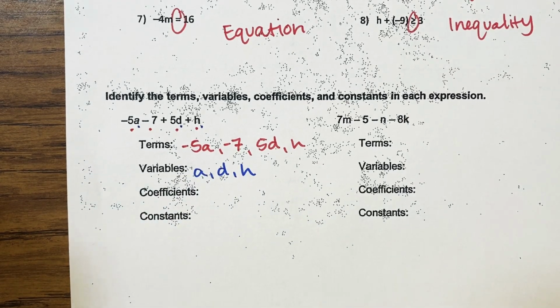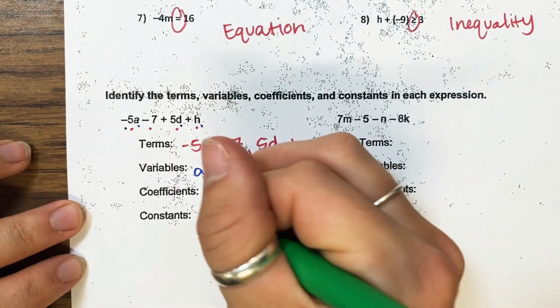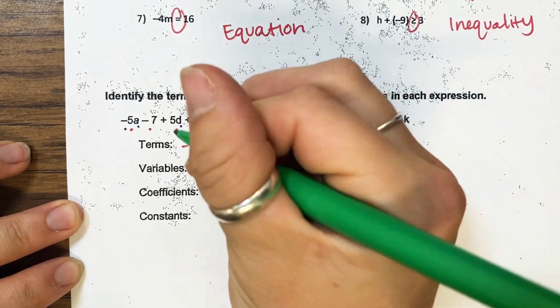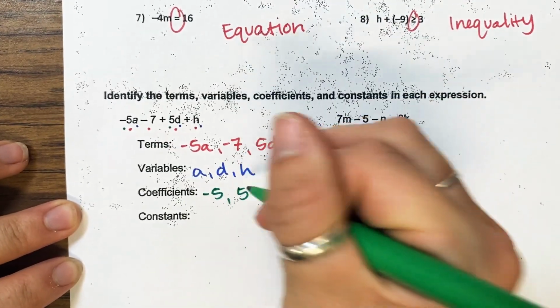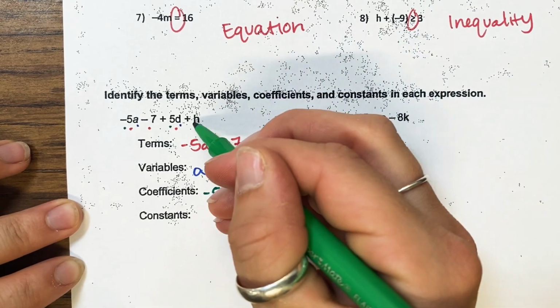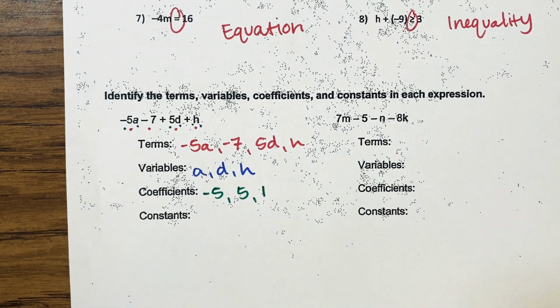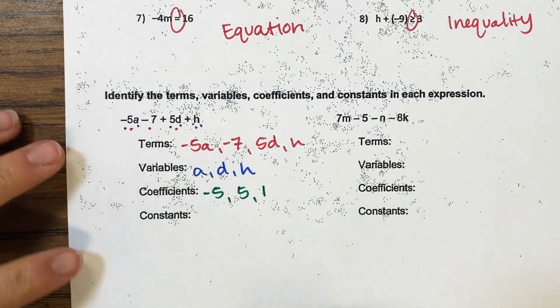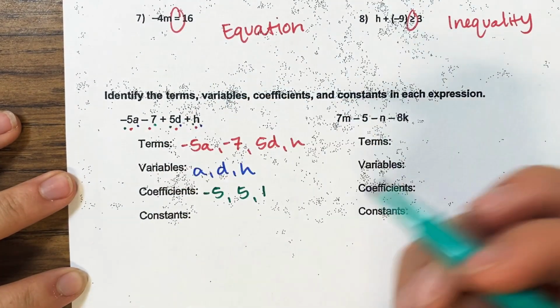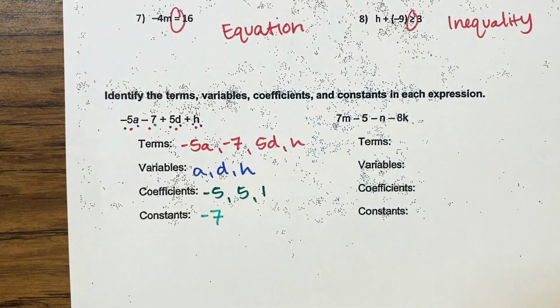Coefficients, the numbers in front of the variables. So -5 is in front of that a, 5 is in front of the d, and then, what is that one? 1 is in front of the h. Okay, constants, numbers by themselves, we only have 1 in here, and that is -7.